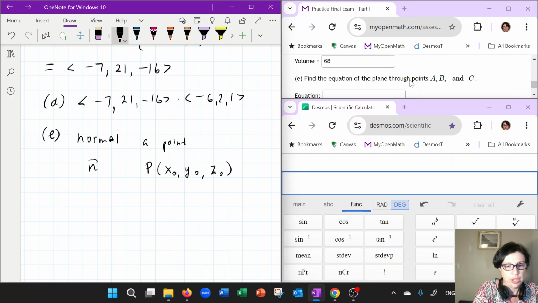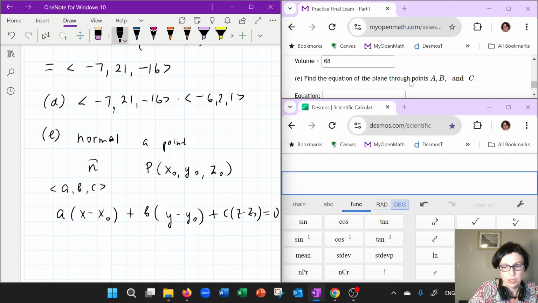So the equation here, if the normal vector has components a, b, c, then it's going to be a times x minus x0 plus b times y minus y0 plus c times z minus z0 equals 0. So this is something that you will see on the formula sheet. Now, what is the vector that's normal to the plane?